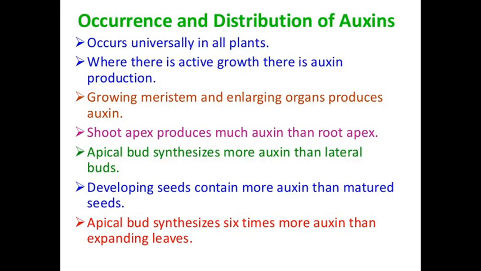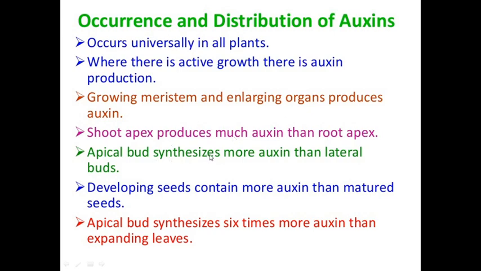Next we are going to see where these occur in the plant, the occurrence and distribution of auxin in plants. It occurs universally in all plants. Where there is active growth, there is auxin production. Wherever there is active growth in a plant, auxin will be there. Growing meristems and enlarging organs produce auxin. The shoot apex produces much more auxin than the root apex.